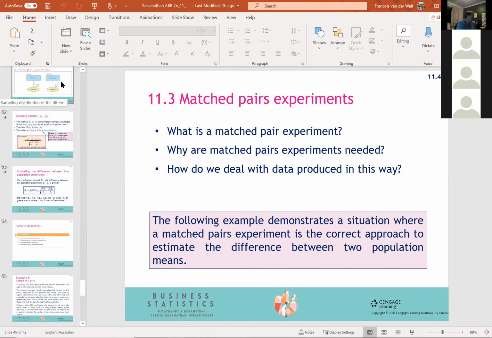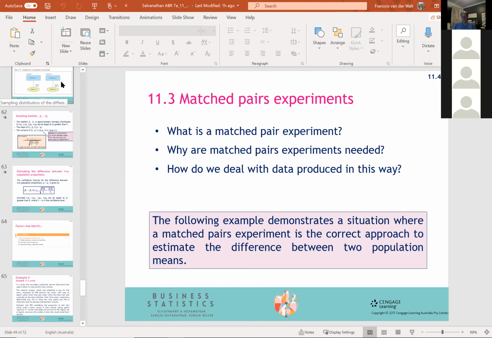We looked at 11.2. And we're not looking at 11.3, and we're not looking at 11.4. I suggest you read through it and take note so that if you have a problem like that in future, you need to know where to get it.